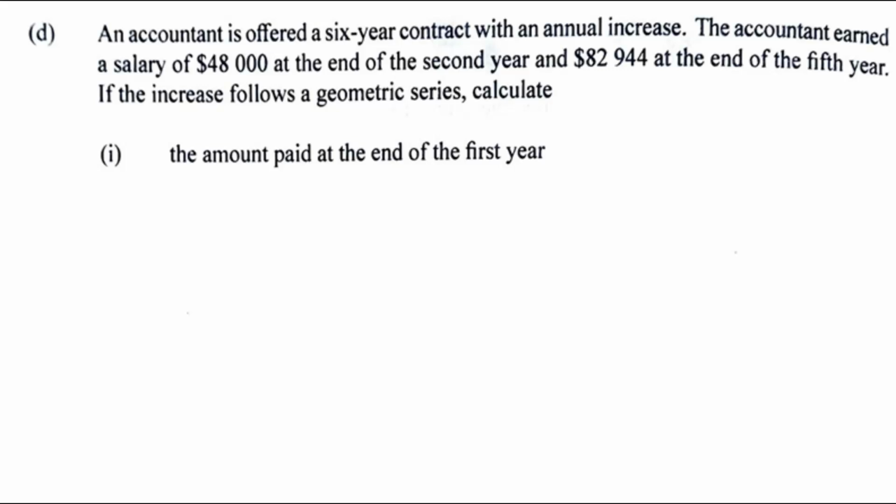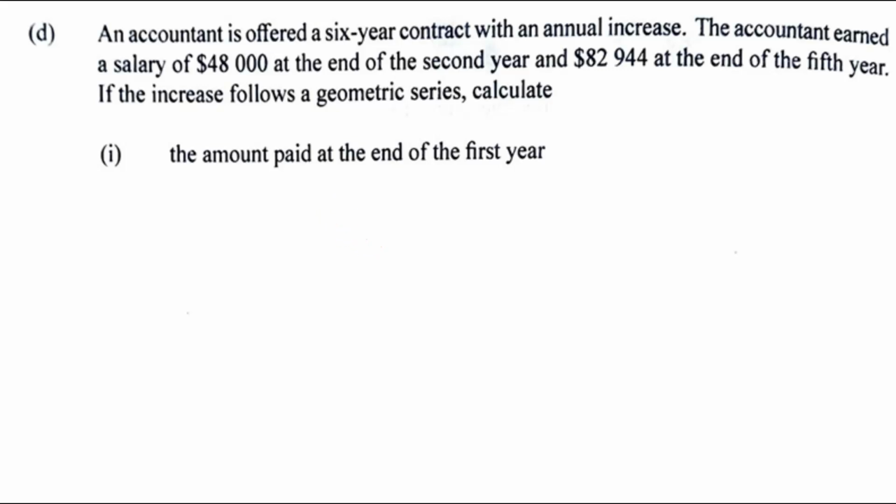Question 2, part D. An accountant is offered a 6-year contract with an annual increase. The accountant earned a salary of $48,000 at the end of the second year and $82,944 at the end of the 5th year. If the increase follows a geometric series, calculate the amount of money paid at the end of the first year.